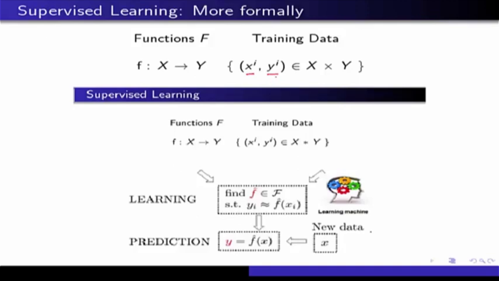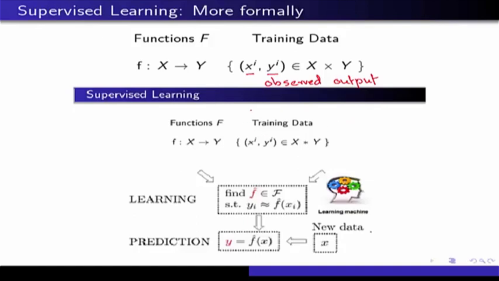Xi is the input, yi is the observed output, and you actually desire to be able to predict this output for new instances.